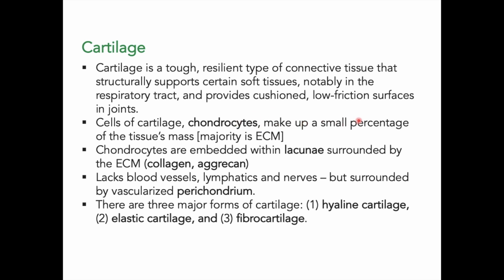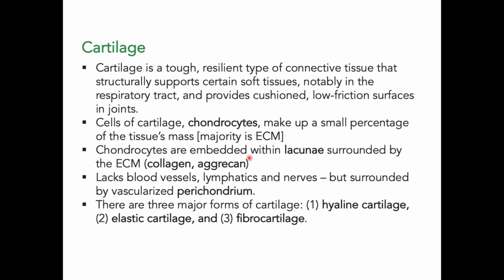Chondrocytes make up a small percentage of the tissue's mass kasi majority is the ECM. Usually the chondrocytes will lay down the matrix, okay, the interstitial matrix surrounding the lacuna, okay. So konti lang yung cells na present or the chondrocytes present in your cartilage because majority is your extracellular matrix.